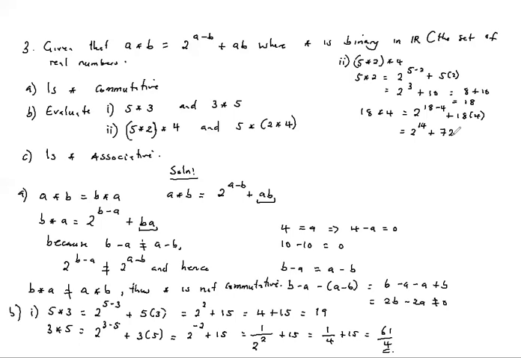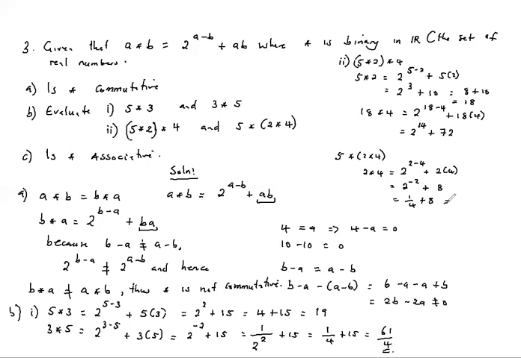Now we cannot get to 2 to the power 14 easily. Okay, so let's just get the other part, that is 5 star (2 star 4). So 2 star 4 is 2 to the power of (2 minus 4) plus 2 times 4. That is 2 to the power negative 2 plus 8. This is 1 over 4 plus 8.